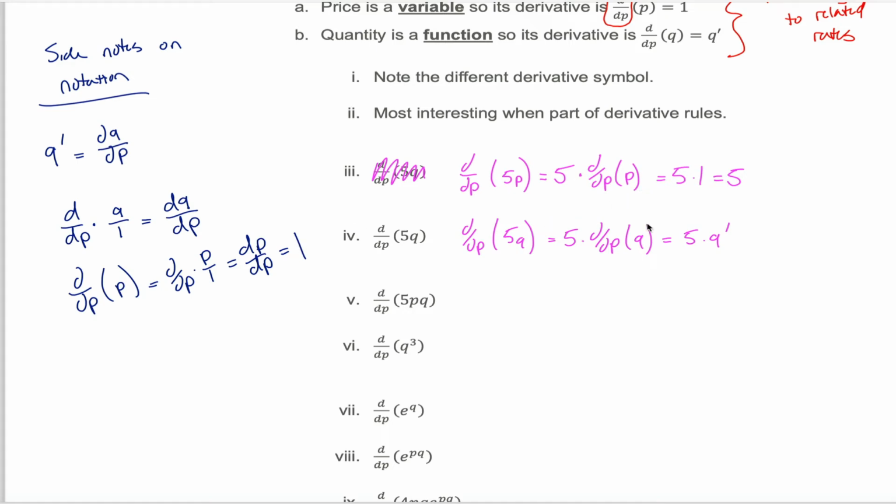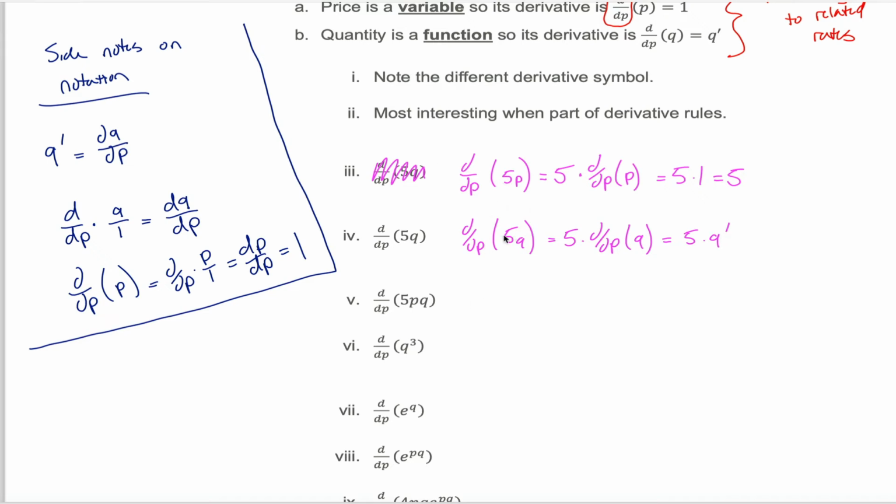The reason these notations were chosen is so this would make more sense. Frankly, I'm of the opinion that it kind of just complicates the matter, and it gets students thinking about taking derivatives as some sort of weird multiplication, which really it's not. It just conveniently follows some of the rules of notation if you use the operators in this way. I think it's easier to just think about it this way. Q is a function, its derivative is q prime.